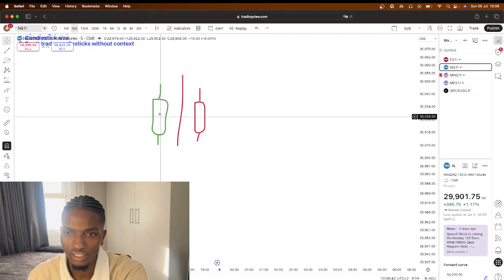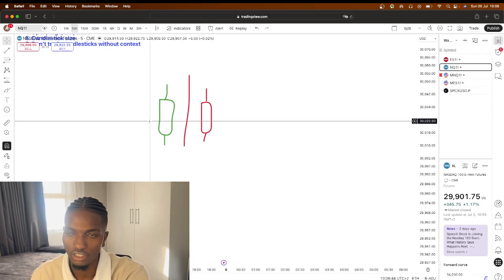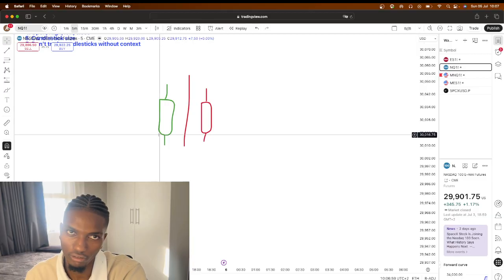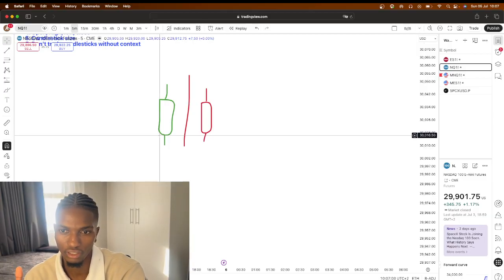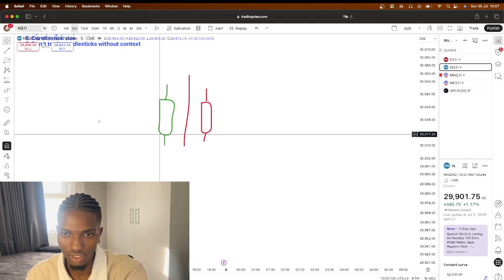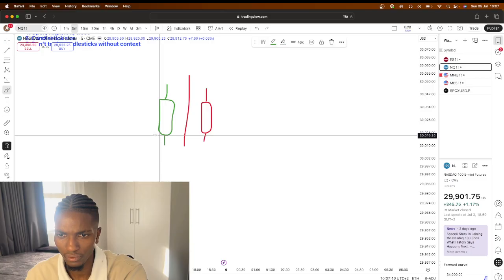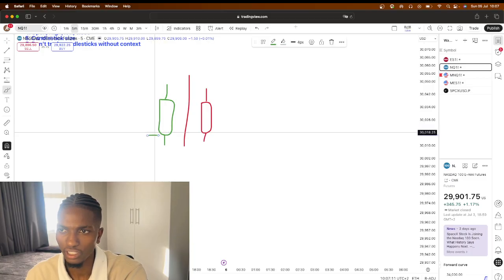So the green one is a bullish candlestick, right? So how can you read a candlestick is you'll use this. This is how you read a candlestick. So the bottom part of a bullish candlestick is the opening of the candlestick, right? Here, this was the opening down here of the candlestick.